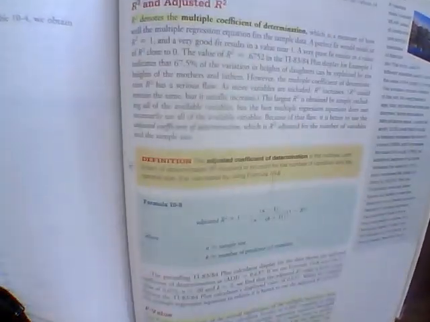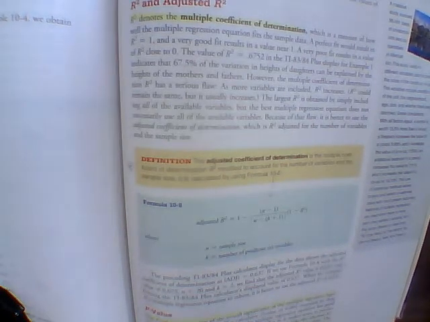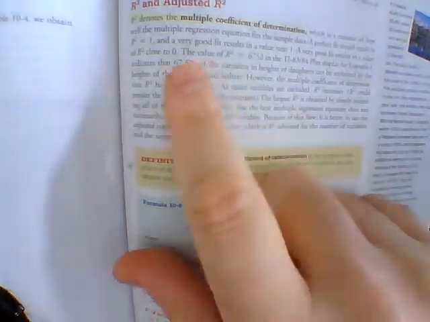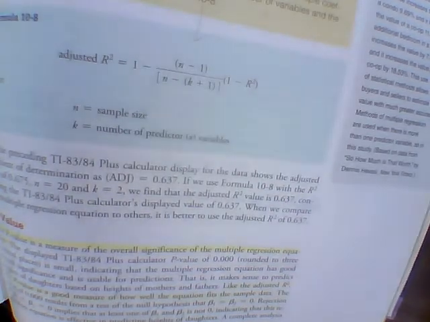Now, some of the indicators that go into this: we talk about our R squared and then our adjusted R squared, the adjusted coefficient of determination.